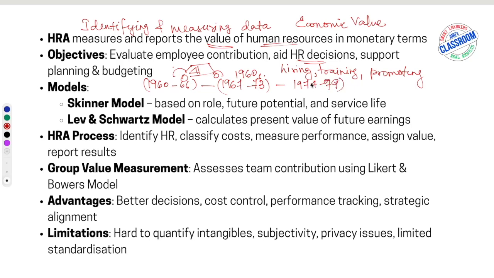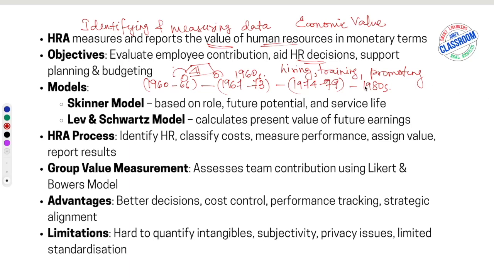And the third stage of HRA is during 1974 to 1979. And here is when things were taken to the next level, because companies now started linking this HR data to strategic decisions. And the fourth stage happened since the 1980s. Here, the service sector started growing, and that made people the core of business.